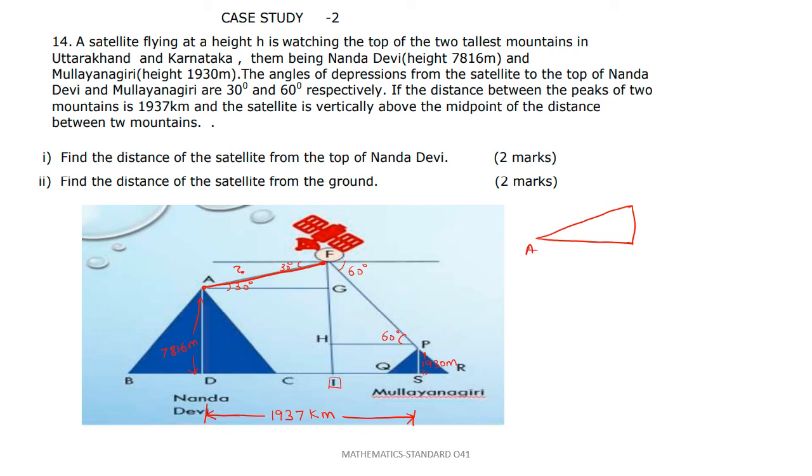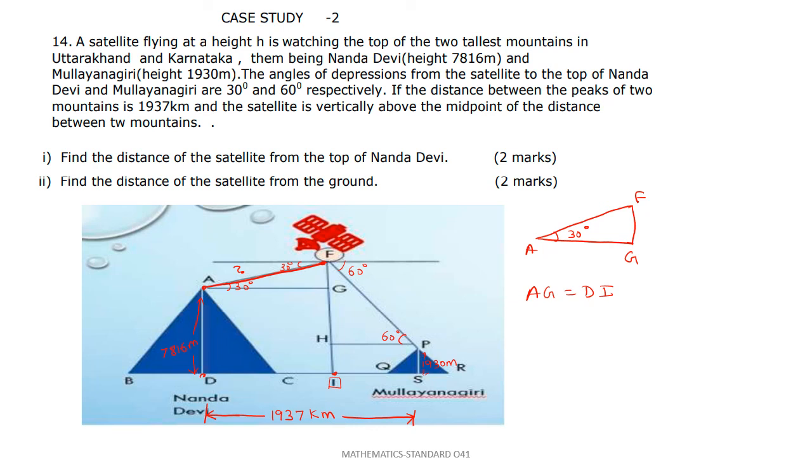A, G, F, and this is 30 degree. And what is AG? AG is nothing but DI because both are parallel to each other, and this I is the midpoint, like DI and IS is equal.